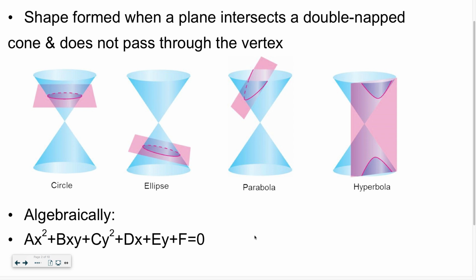Now notice how the definition of a conic section is that this plane intersects the double cone, not through the vertex, right? If we were to intersect this double cone in the vertex, we're not going to actually look at these examples, but let's just think about what it would look like.